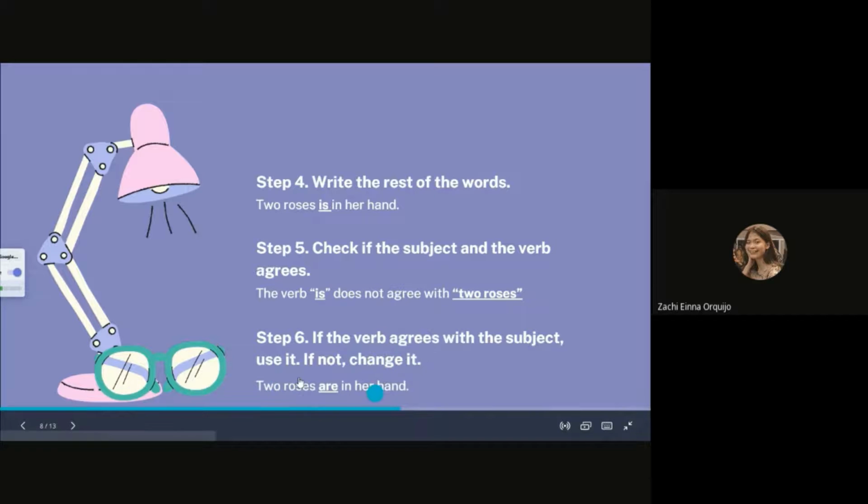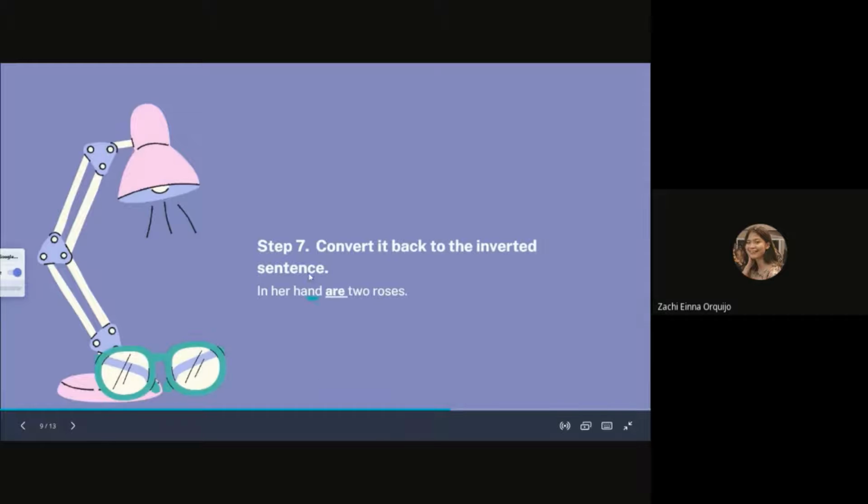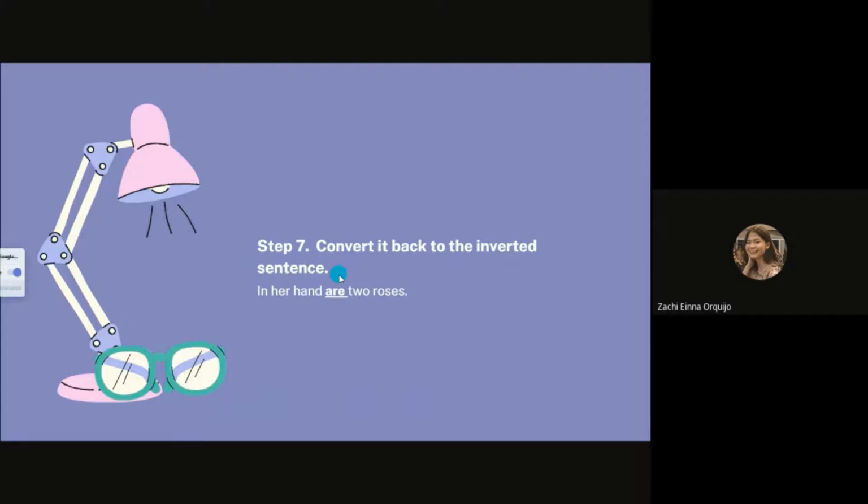Okay? So, nagkaroon na tayo ng normal order ng sentence at hindi na siya inverted, no? Kasi nauuna na yung subject bago si verb. So, subject is 2 roses at are ay verb. So, for the step 7, you convert it back to the inverted sentence. So, in her hand are 2 roses.